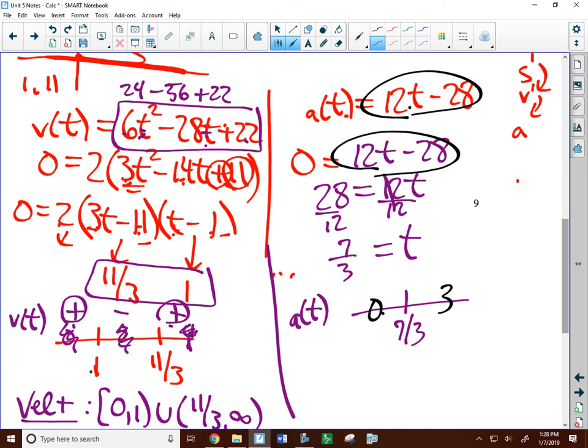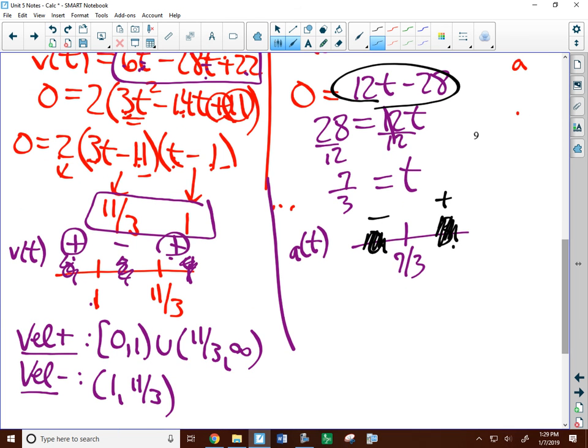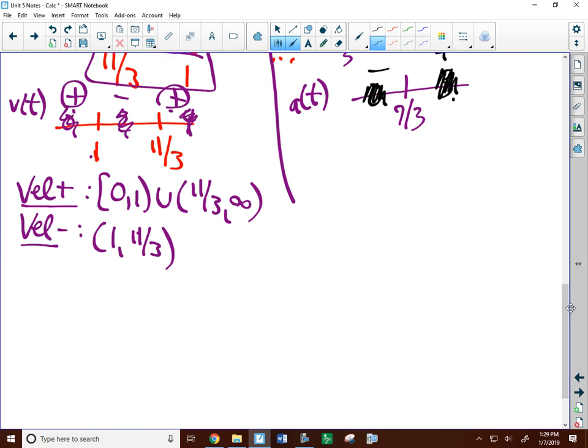I will get 0 minus 28. It's negative. Just need the negative sign. Plug in 3 here would be 36 minus 28. That's positive. I get rid of the test values. And so yes, acceleration did change at 7 thirds.